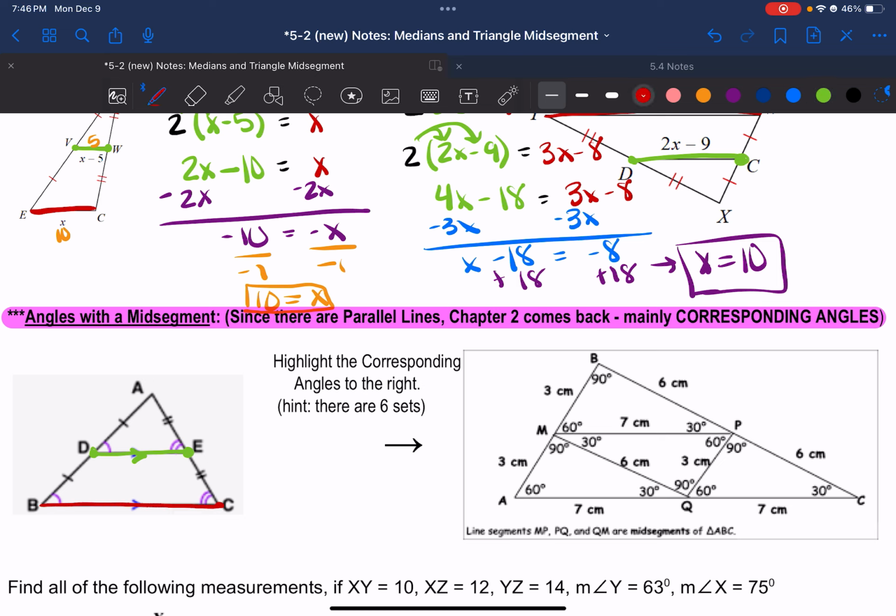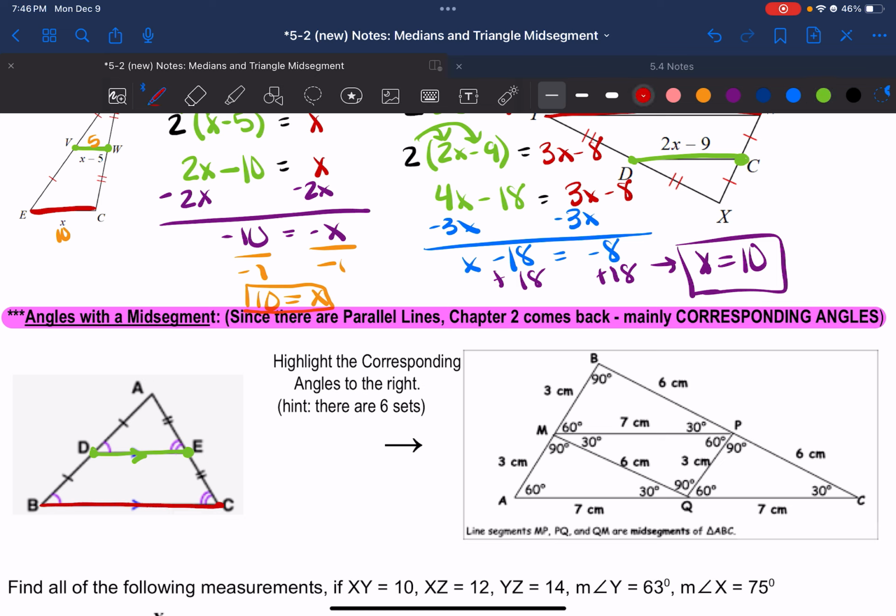Then this 30 and this 30 are alternating interior, and this 30 and this 30 are corresponding. And if we look at 90, we have 90 and 90 alternating over the pink, and this 90 and this 90 are corresponding.